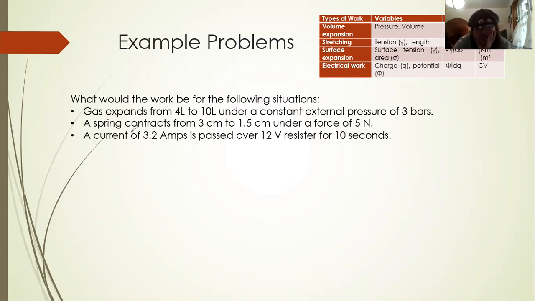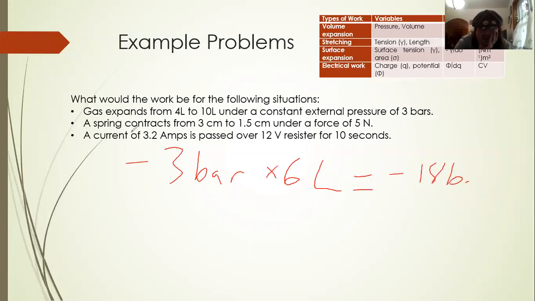So negative P, 3 bars, times delta V, so times 6 liters, would give us negative 18 bar liters.